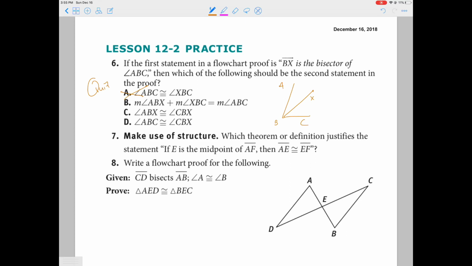ABX plus XBC should add up to ABC. That might work out. ABX is congruent to CBX, which checks out. This does not. So then which of the following? So this one has two correct answers. All right.